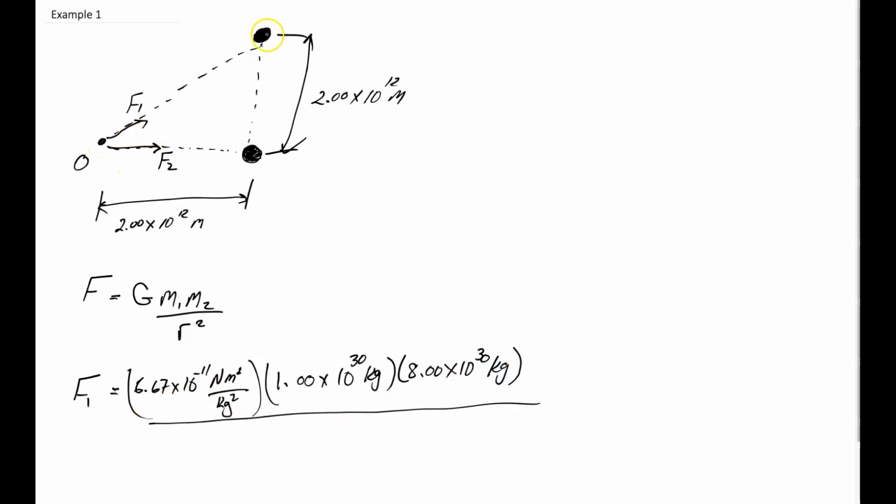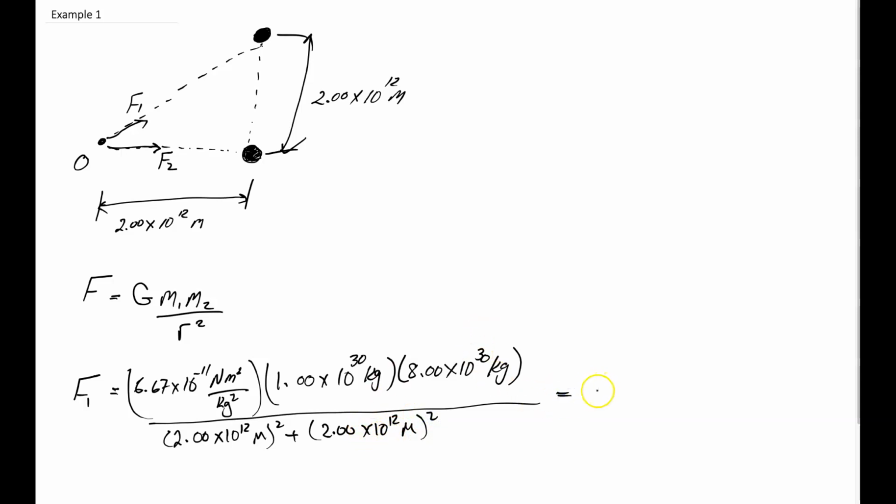this point and this point is given by the Pythagorean theorem, and since we have 2 times 10 to the 12th going horizontally and 2 times 10 to the 12th going vertically, it would be the square root of this squared plus the vertical distance squared, and then square it, so it's just going to be 2.00 times 10 to the 12th meters squared plus 2.00 times 10 to the 12th meters quantity squared.